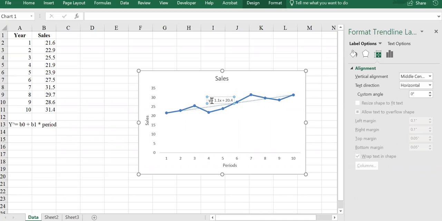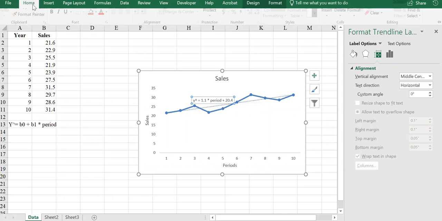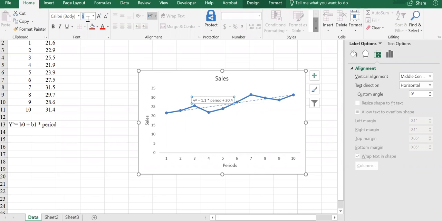So y hat equals 1.1, the slope, times x being period, or t, times period, plus 20.4. I'm just gonna make it a little larger.